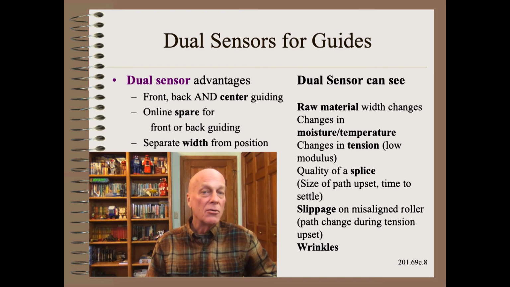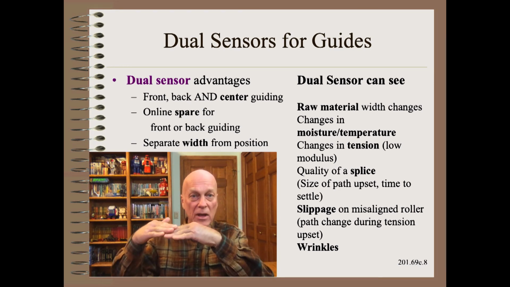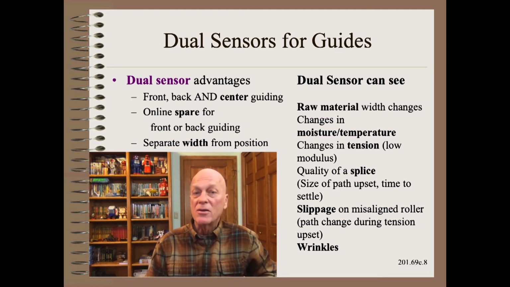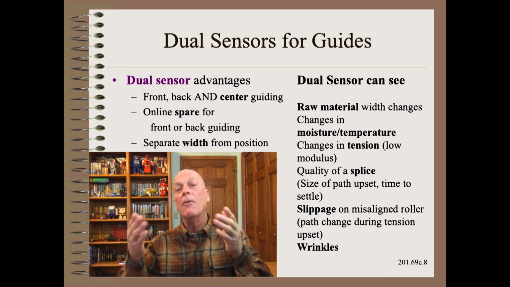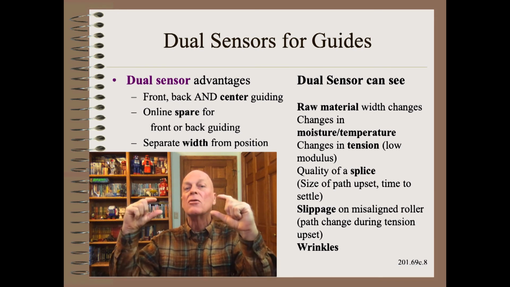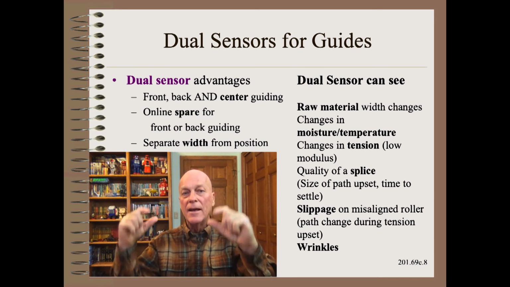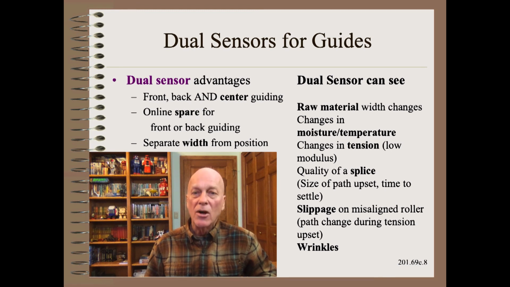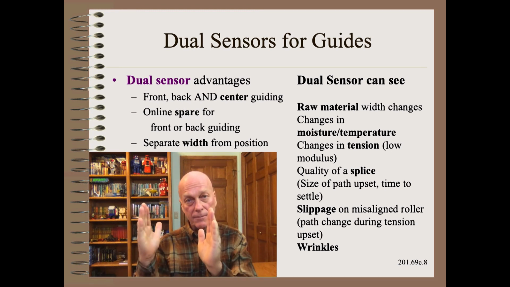It can also infer the quality of the splice and also aid in slippage detection. If that were not enough, dual edge sensors can also infer wrinkling, as even the smallest wrinkle will pull the edges in quite noticeably.